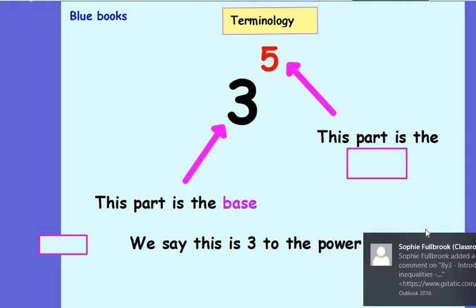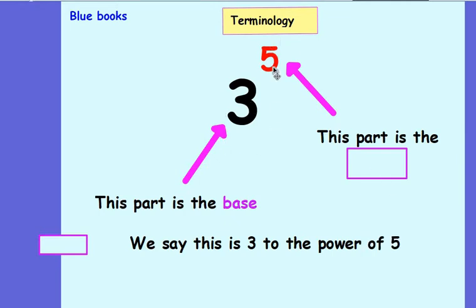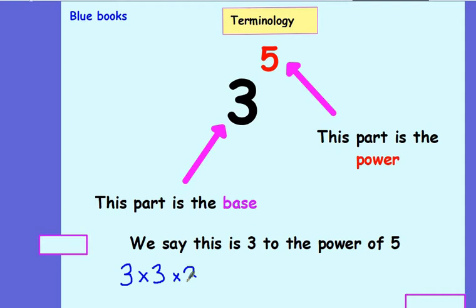The big number we call the base, and the little number at the top we call that the power. So we would say this number is 3 to the power 5. If I wanted to write that out, I would write that as 3 times 3 times 3 times 3 times 3.